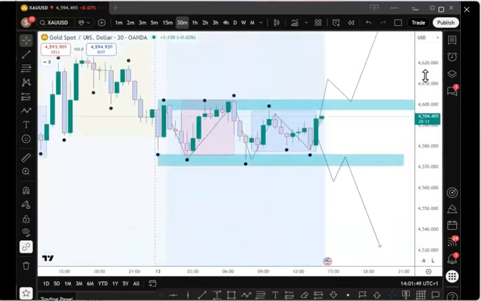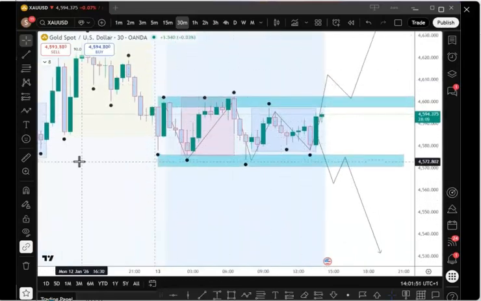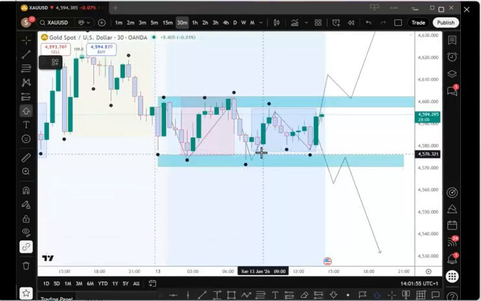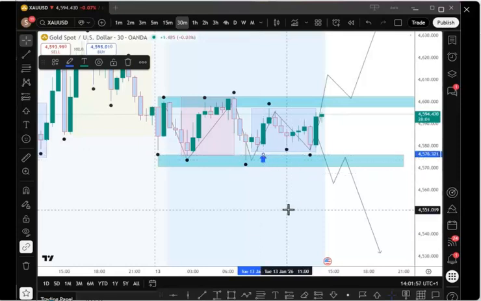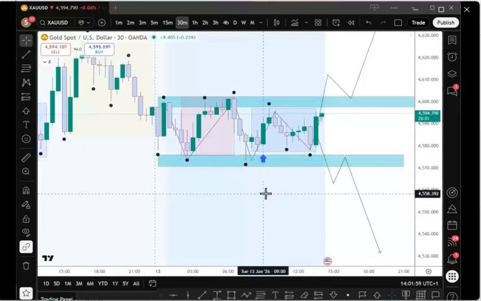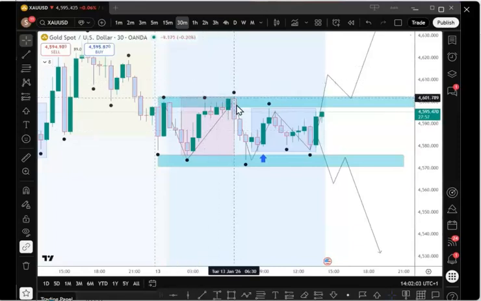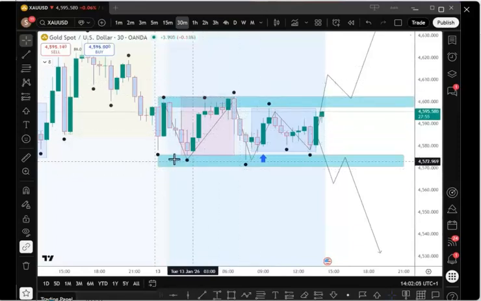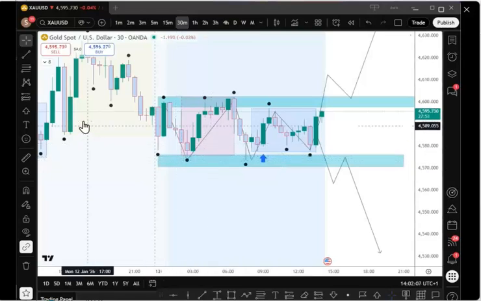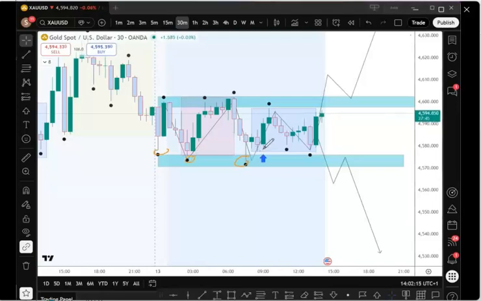For those in the London session, your aggressive setup is essentially taking a reversal, going counter trend. Price was coming down, and you can see there was rejection here, here, and here, and then boom, you get a nice bullish engulfing candle.